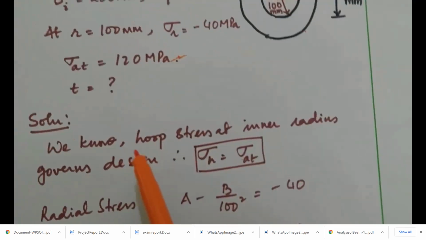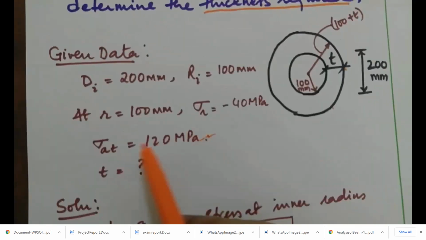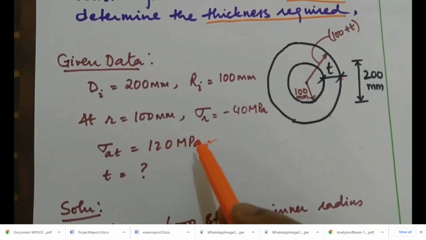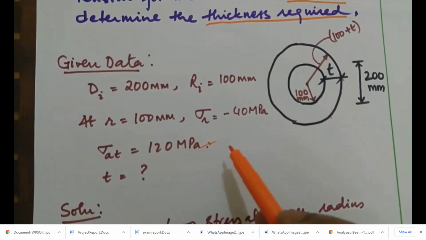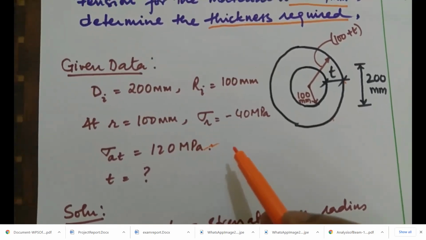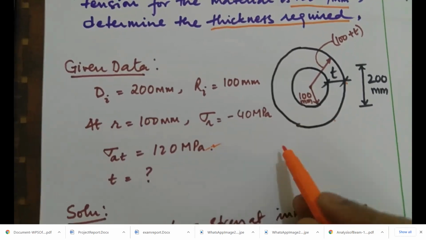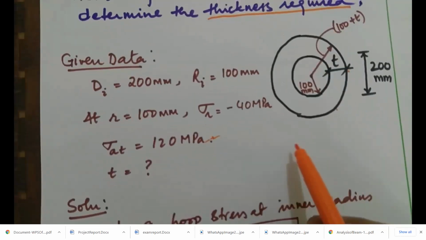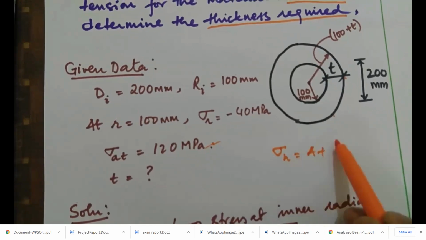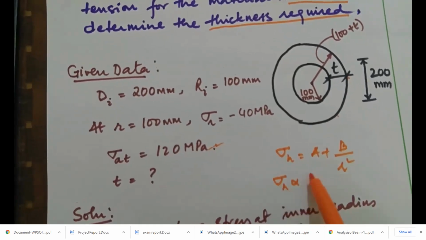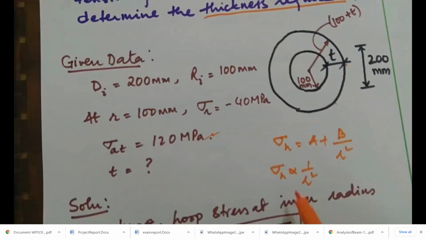This is a very important point. What are we going to do with this allowable tensile stress? We know that the hoop stress is going to be the maximum of the two types of stresses, and the hoop stress is given by sigma h is equal to A plus B by r square, which means sigma h is proportional to 1 upon r square.